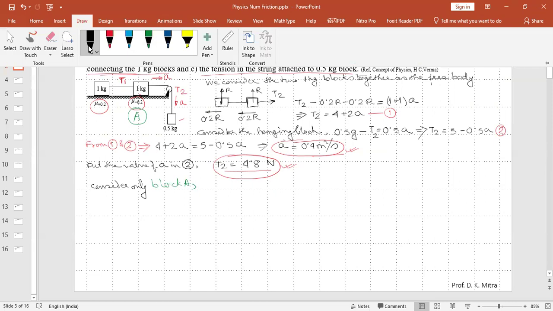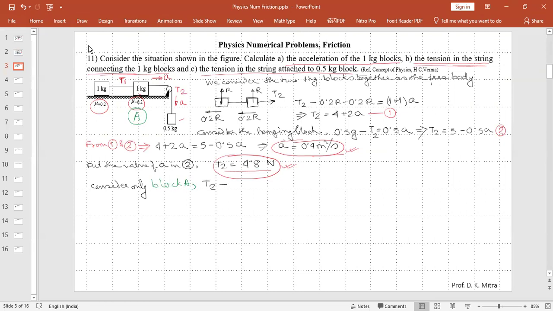T2 is the force towards the direction of the motion. So T2, the backward tension is T1, minus, there is another backward force, mu R. This will be equal to its mass 1 kg multiplied by acceleration A. From here, T2 we have got.